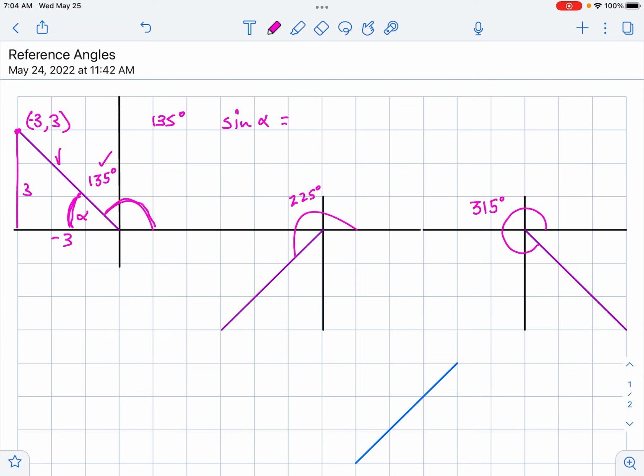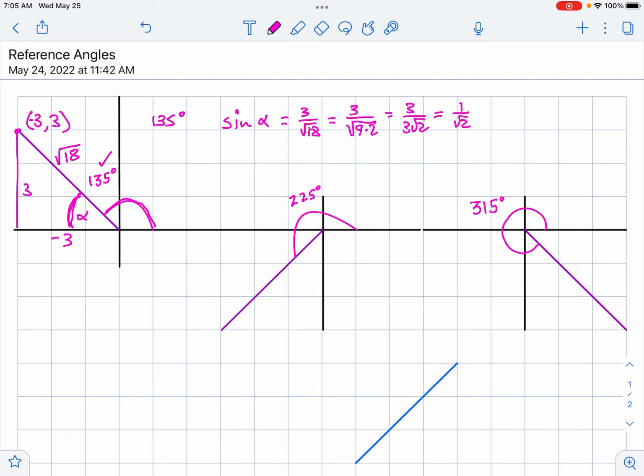The hypotenuse up here is going to be the square root of 18. So here we've got the opposite over the hypotenuse. And of course, I can simplify that. This is going to be 3 over, well, this is 9 times 2 in here. So this would be 3 over 3 square roots of 2. So this is 1 over the square root of 2.